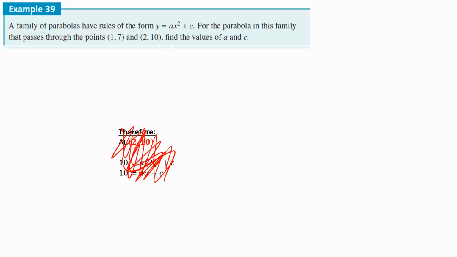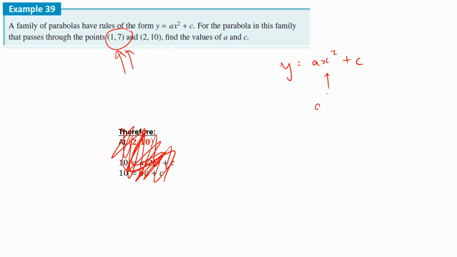So you know when x is 1, y is 7. So if you think about the equation, I've got y equals ax squared plus c. I don't know what a is. I don't know what c is. But I am given when x equals 1, y is equal to 7. That's what they tell me. So all you have to do here, it's easy for the first part of the question, is you sub 1 in.